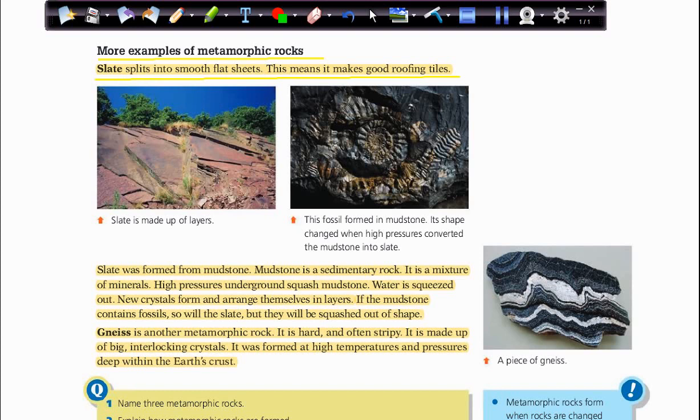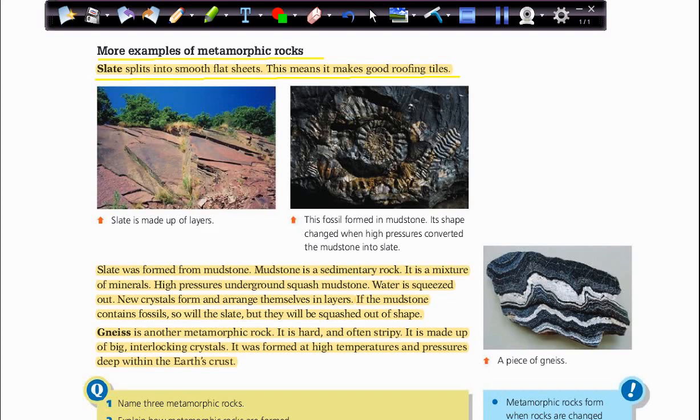They are using kind of rocks. These rocks are called slate. Because of the pressure and the temperature near to the surface, it can split into very smooth, flat sheets. So we can cut them, we can use them for the roofing tiles.